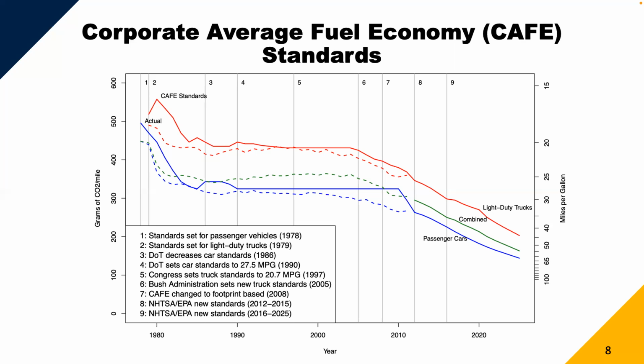And so going from high to low is better because that's the emissions rate. And it's inverted here. So as you go from high to low, you're going from low fuel efficiency to higher fuel efficiency. But for a long period of time, from 1990 all the way up through the mid 2000s, we can see that passenger vehicles was flat.